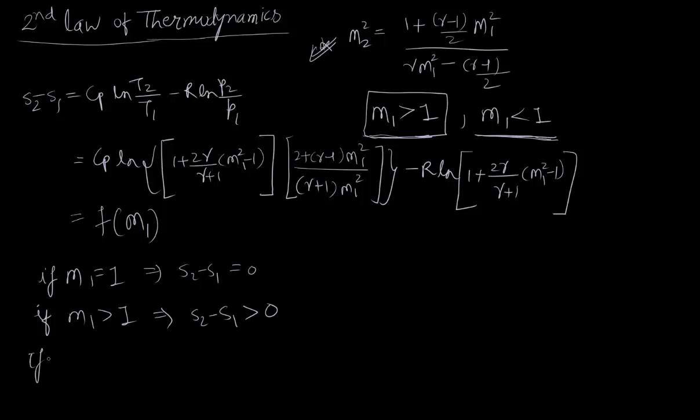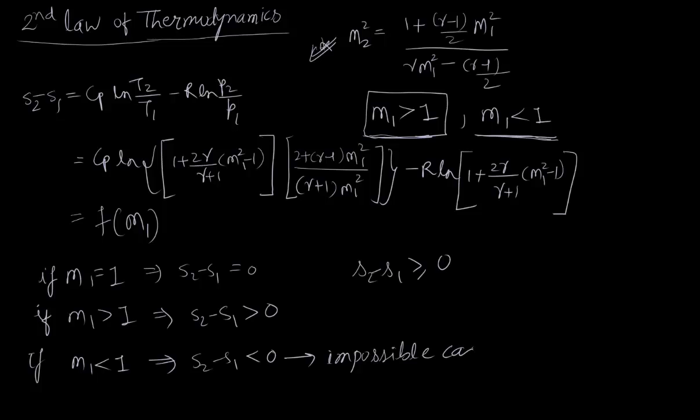And if M1 is less than 1, then our S2 minus S1 will come out to be a negative value. And since we know that from the second law of thermodynamics, S2 minus S1 must be greater than or equal to 0, hence M1 less than 1 is an impossible case.